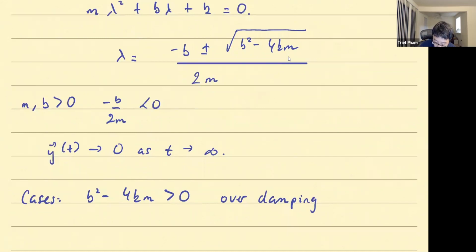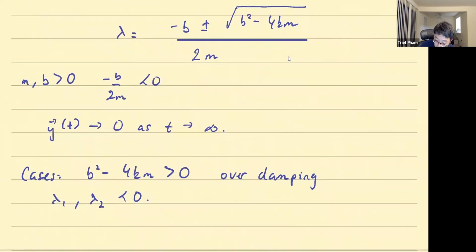One of the things to observe here is that in the case where this is positive, I claim that both of my lambdas are negative. Can you see that? Both of the lambdas here are negative, not just one.